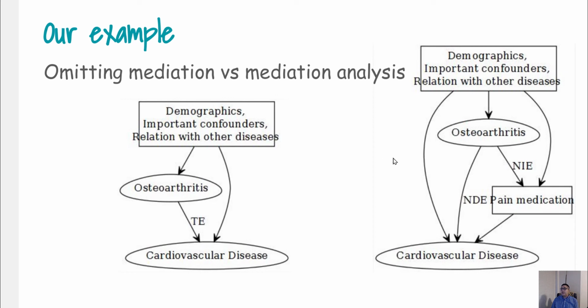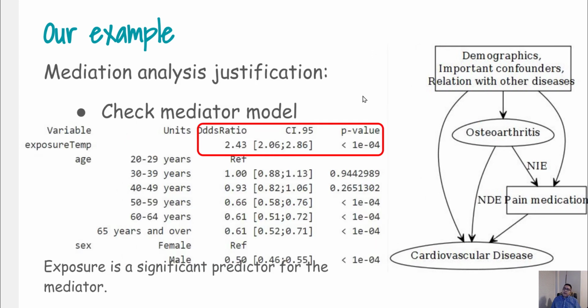But when we are trying to find the direct effect versus the indirect effect, then we include that pain medication in our DAG, and then we need to figure out a process of finding the direct effect and the indirect effect.